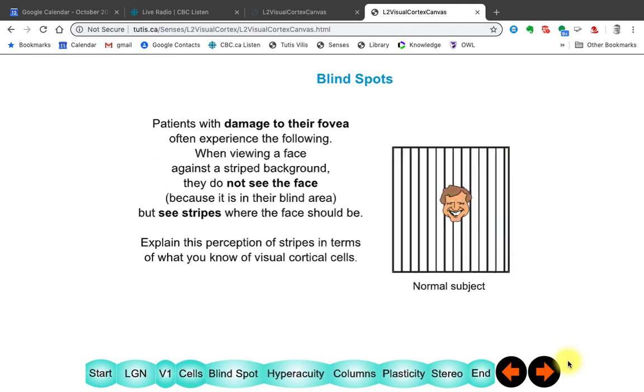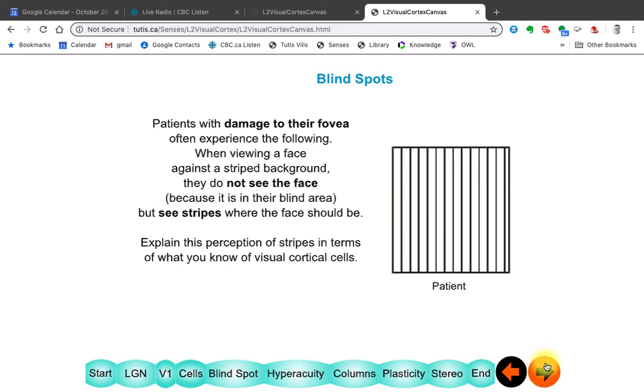But surprisingly, he sees the stripes. And more surprisingly, these stripes run right through the place where the face was. So he's not blind to the face. Doesn't seem to be blind in that area, and yet he's blind to the face. How do you resolve that?